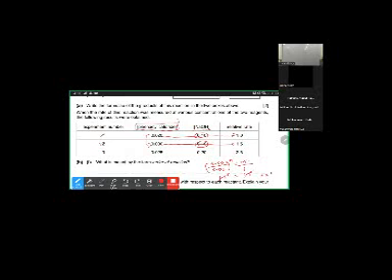If you want to find out the order of the phenacyl chloride, you should choose the two experiments in which the concentration of phenacyl chloride is changing and this one remains constant. So this is constant, this is constant, and these two are changing. So use these two experiments.